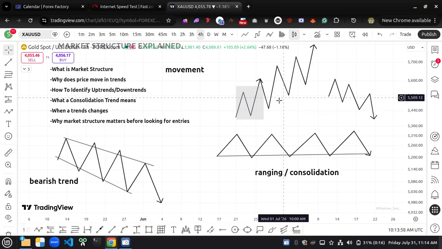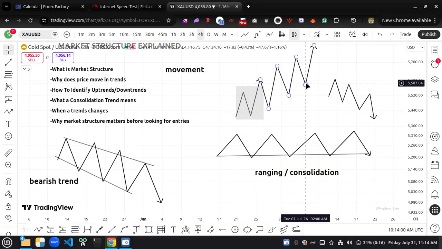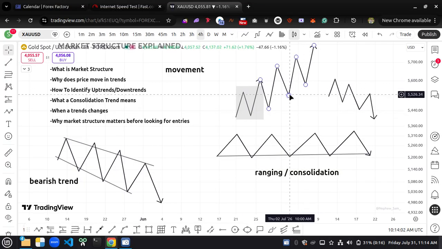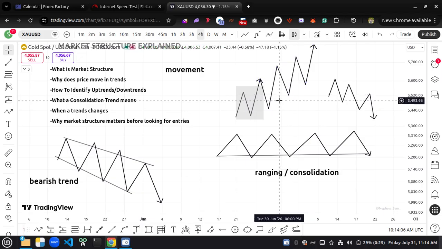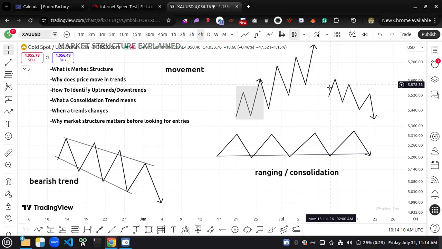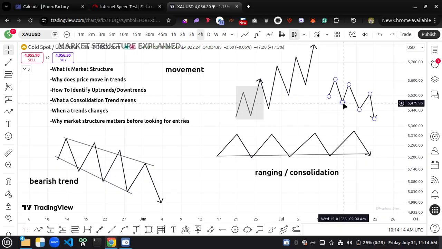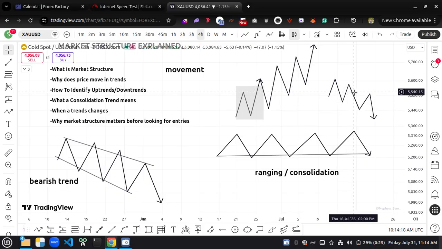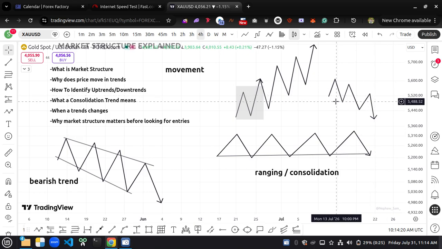This particular one closes higher than the previous one. This one closes higher than this one. This one closes higher than this one. And that's another way to identify that it's an uptrend. So if it's a downtrend, it won't close higher than the previous, rather it will close lower. So this particular one opens here, closes here, opens here, it closes lower than the previous one. Can you see? So that means it's going to the downside.